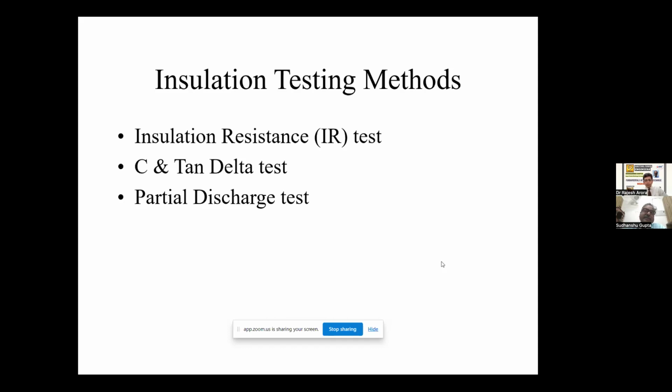The main reason is partial discharge, and partial discharge is an indication. It may not be the main cause of the fault. It's just an indication that something is going wrong in your insulation, and you just correct it out.